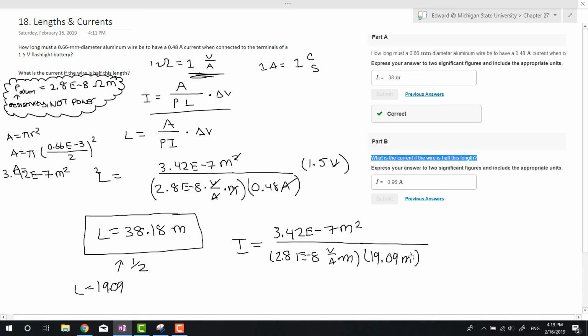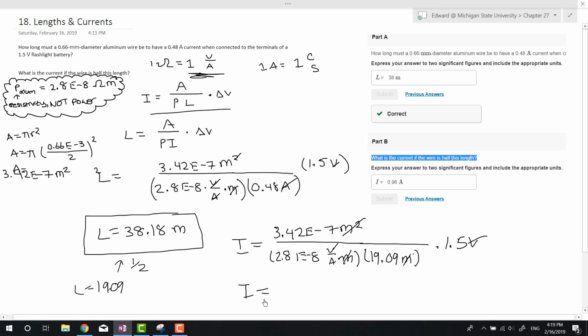And then change in V is the same, 1.5 volts. So we will cancel stuff out. It looks like the meters cancel with the meters squared, and we're left with amps, which is exactly what we want.